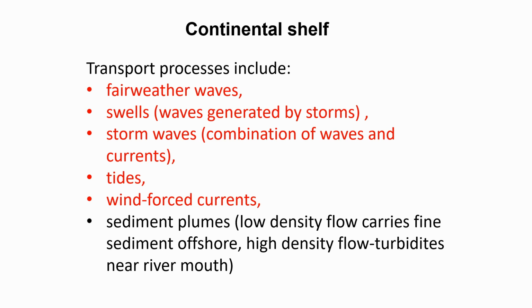Those currents follow the tributaries and sometimes develop turbidites on the continental shelf. So fair weather waves, storm waves, tide and wind, as well as river sediment input, are the main sediment sources for continental shelf deposits.